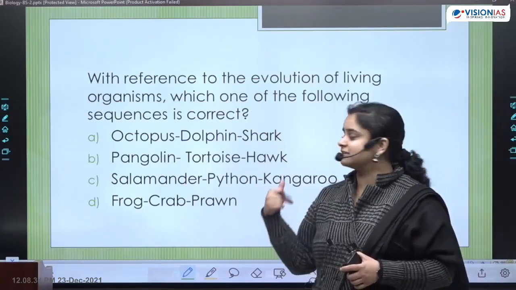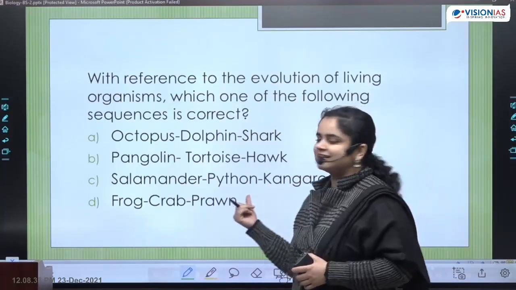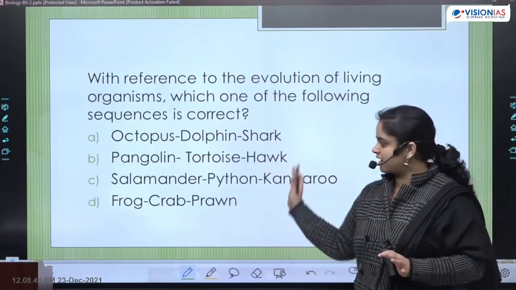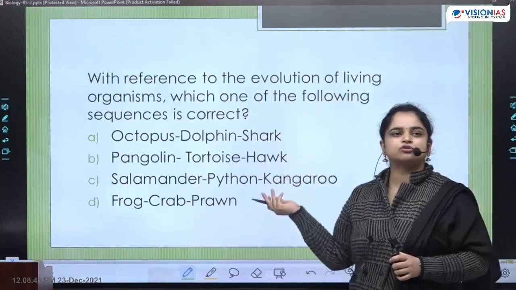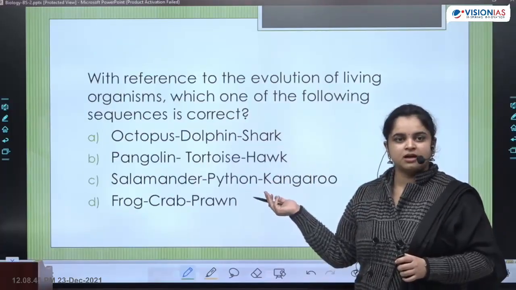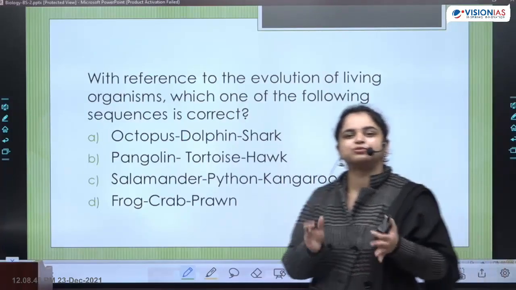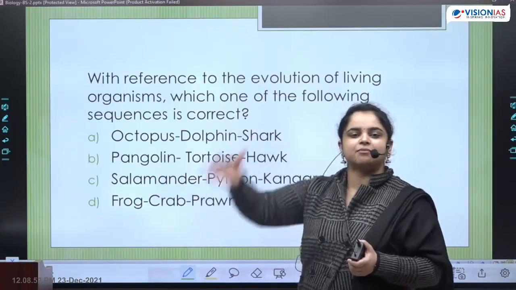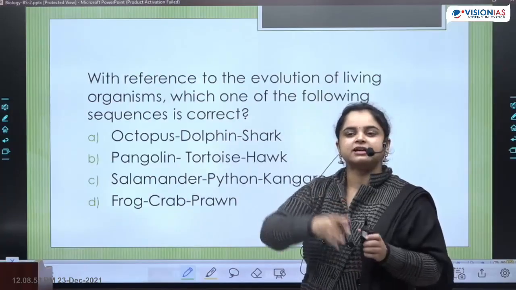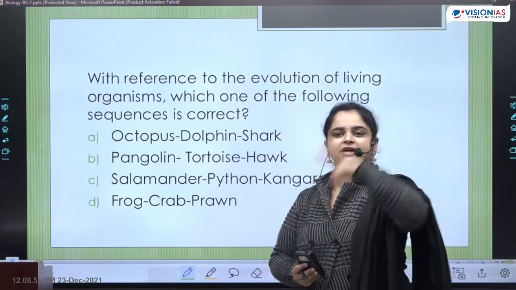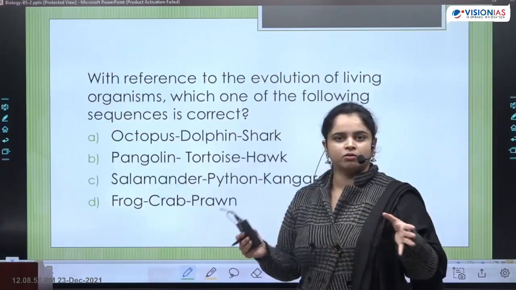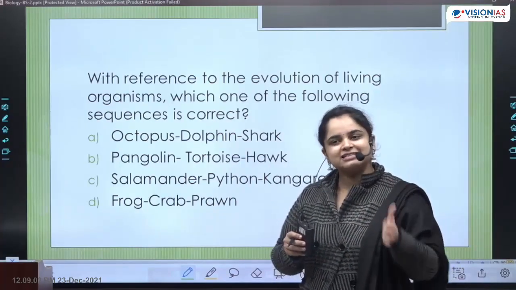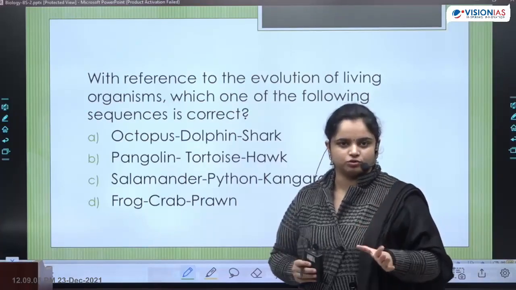This is actually a very good question in the sense that they are asking you to identify to which category each organism belongs and then also determine its sequence. Please remember, this is an absolute classification. It is not the case that something which is a reptile can be a mammal also, and it is not the case that something which is an arthropod can then be an echinodermata also. No. Absolute classification, whatever is in one category is in that definite category.